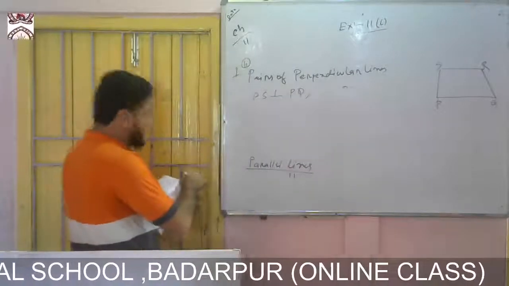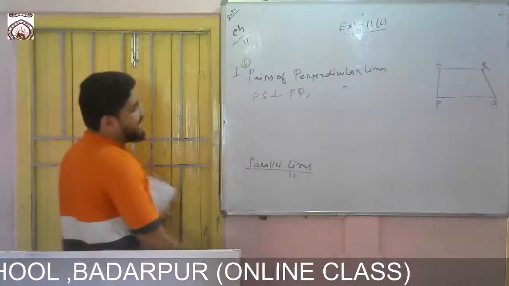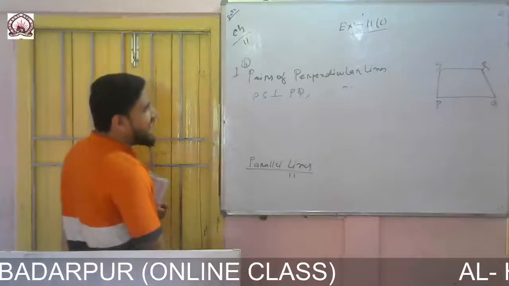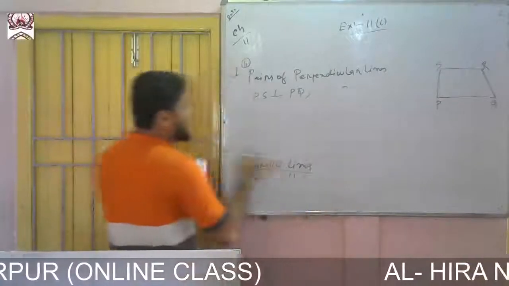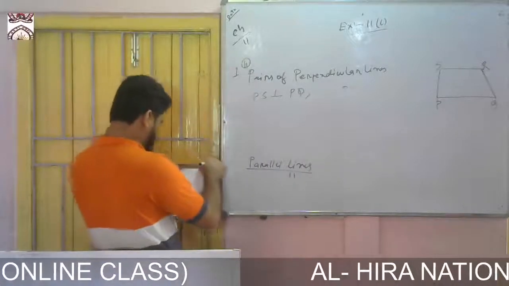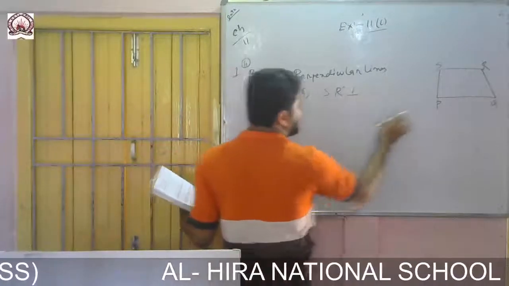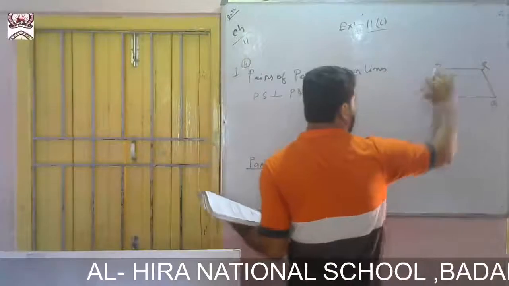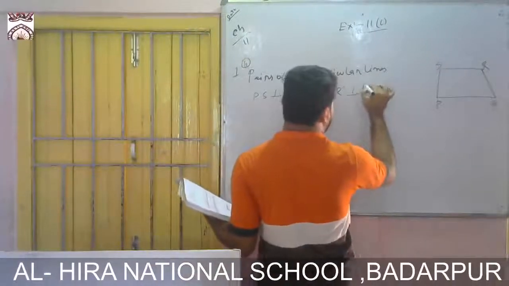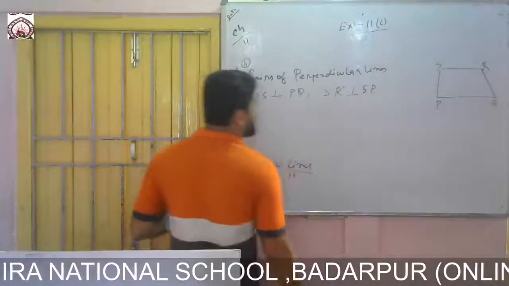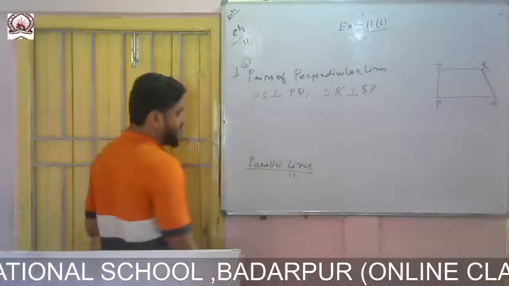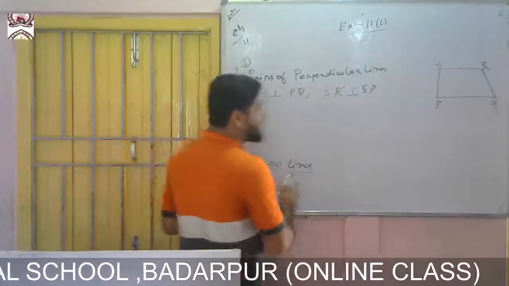Now PS is perpendicular to PQ, and SR is perpendicular to PS or SP. So these are the two perpendicular lines. Now how many parallel lines are there?